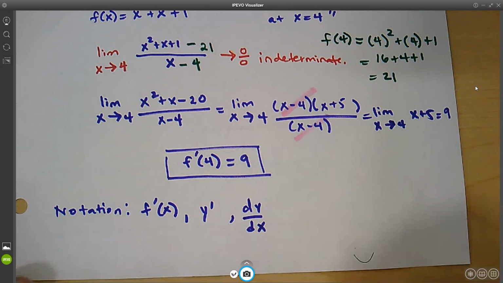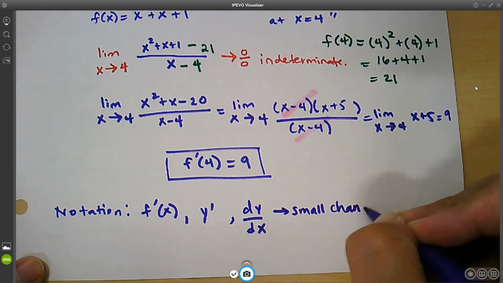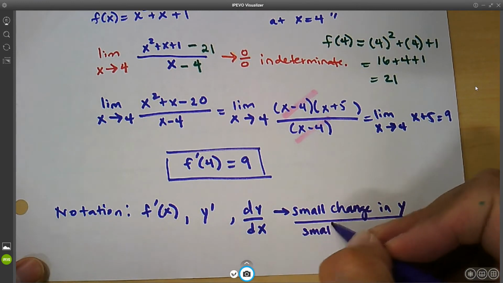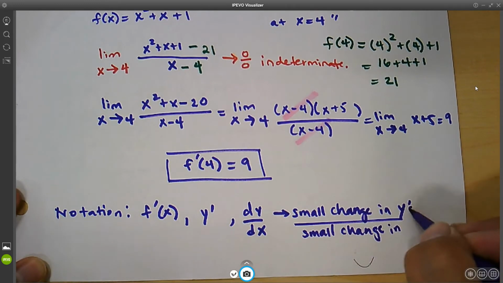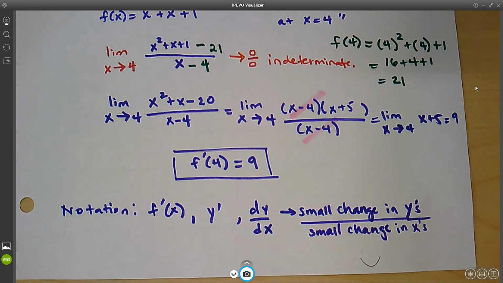Dy dx is a small change in the y's over a small change in the x's. Change in y over change in x is what concept? Slope. So that's another way of just communicating find the slope.